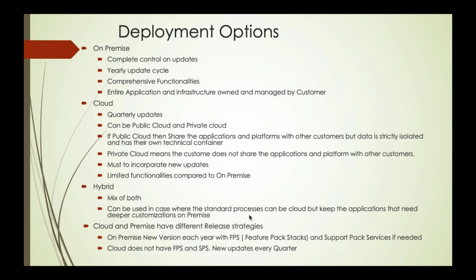When they come, we evaluate when we want to apply them, and if there's any functionality in EHP7 that we are missing today, then we may want to go for it. So those kinds of updates come in every quarter, but you're not forced to with on-premise options.